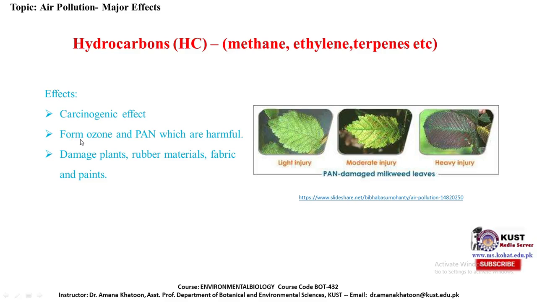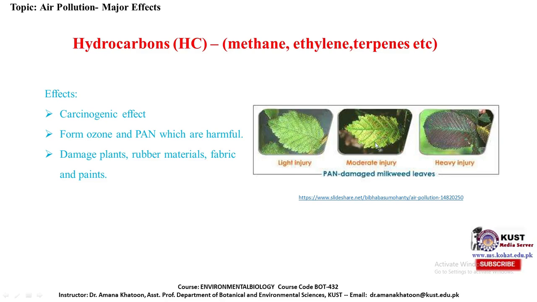The next one, they form ozone and PAN, which are harmful. We can see here in the diagram that this is the light injury, because here are the minute effects of the PAN.